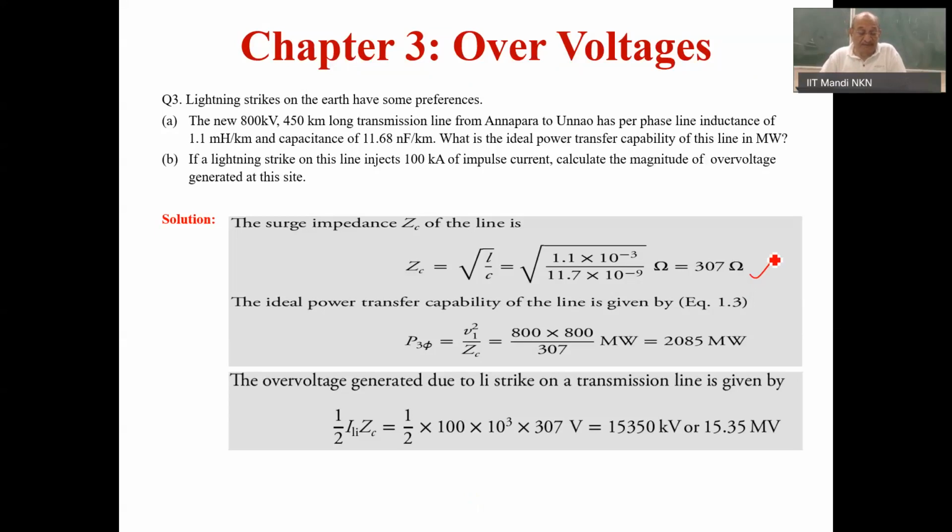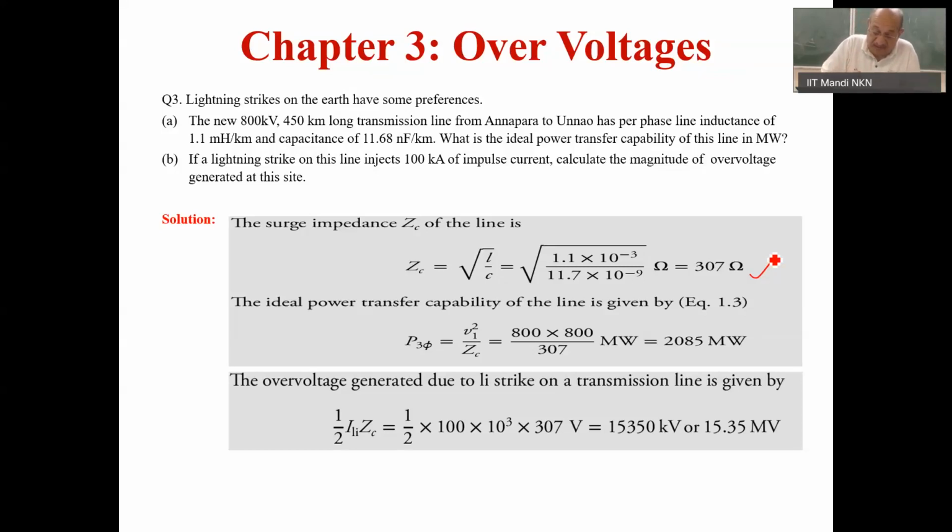Then the surge impedance loading, the ideal power transfer capability of the line, is given by equation 1.3 in the book. P three phase, the total power in the three phases, will be given by V square by ZC, and here V is the line voltage.